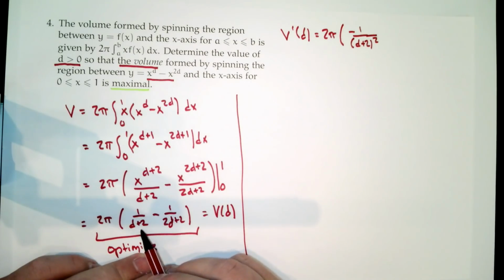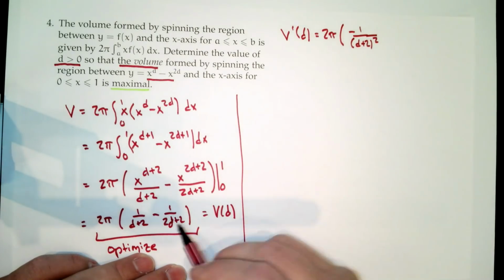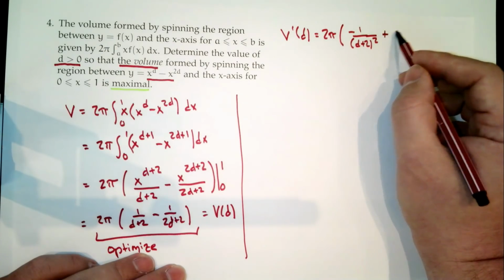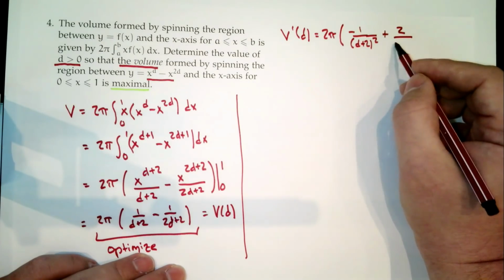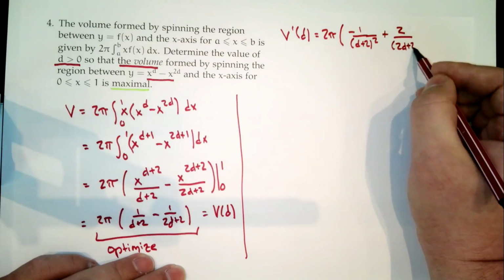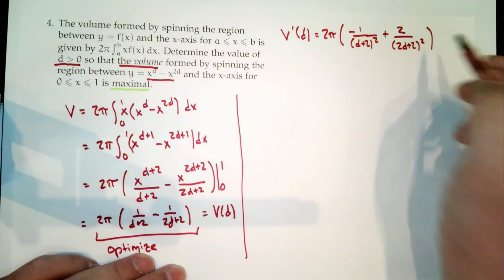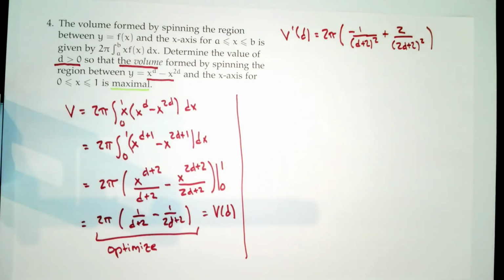And again, how did I get that? You can think of 1 over d plus 2 as d plus 2 to the minus 1. Then the next one, 1 over 2d plus 2 will become plus 2 divided by 2d plus 2 squared. Okay, so that was the chain rule, take the derivatives.